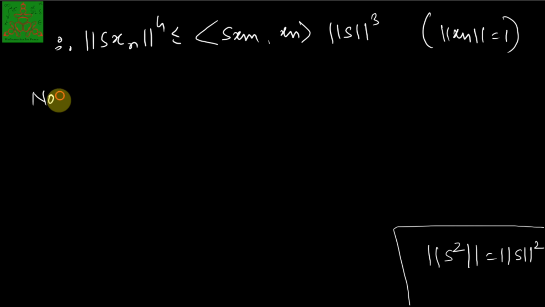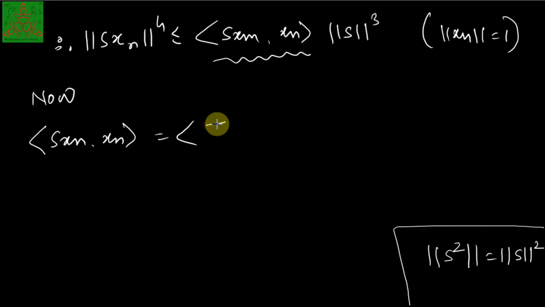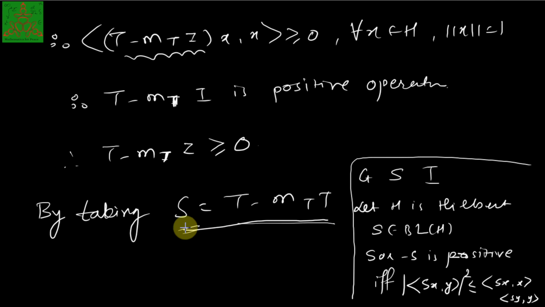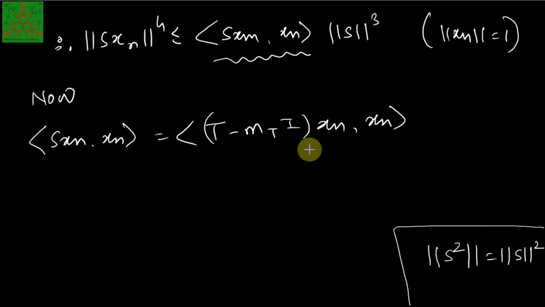Now let us observe what this quantity is. This is ⟨Sxn, xn⟩, which is ⟨(T − mI)xn, xn⟩, because we have already seen that we have taken S as T − mI, so that is the value we have here.